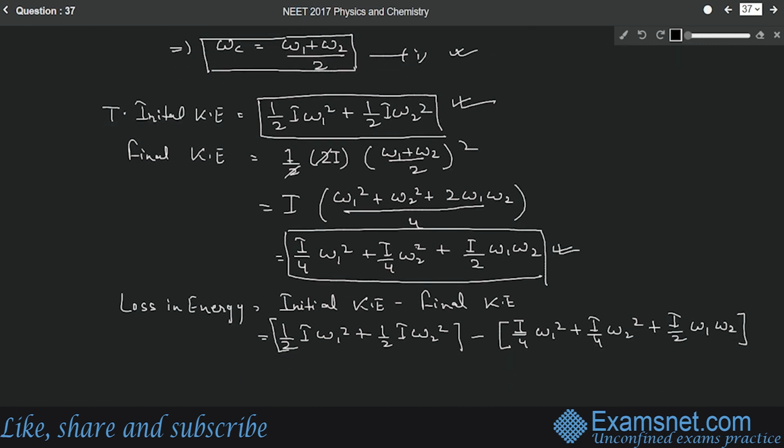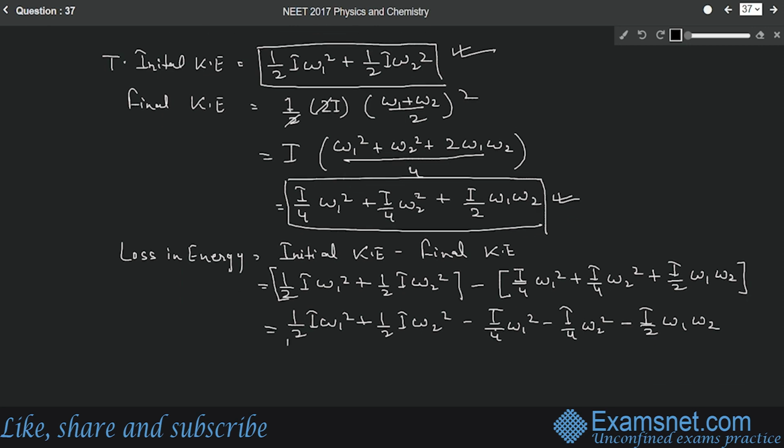Now we have to solve this. So we'll open the bracket: 1 by 2 I omega 1 square plus half I omega 2 square minus I by 4 omega 1 square minus I by 4 omega 2 square, because minus sign is there, so sign inside the bracket will change, minus I by 2 omega 1 omega 2. So this side we have half I omega 1 square, and this side we have 1 by 4 I omega 1 square.